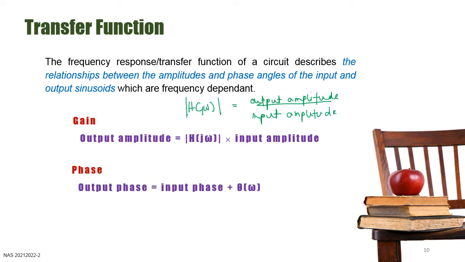While the phase of the system is basically the difference between the output phase and the input phase. So theta, the phase difference, is the output phase minus the input phase.